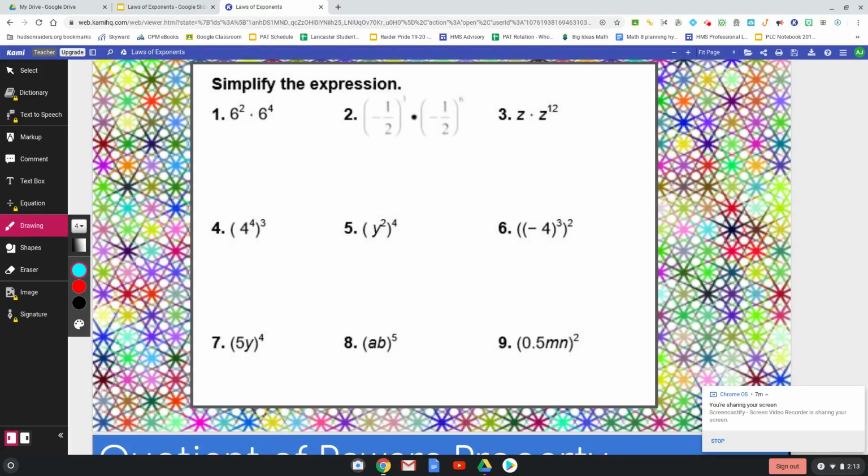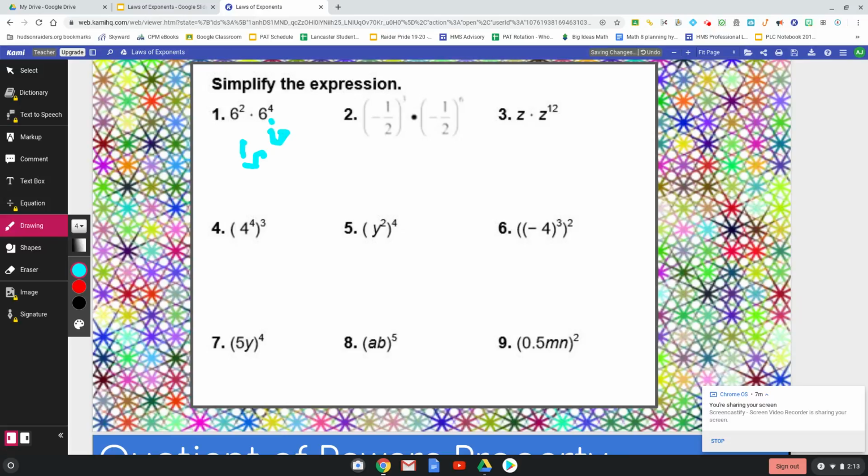So the first 3 examples look like they're practice from the previous rule that I had talked about. So these, because they're the same base, we are going to add the exponents. So number 1 would be 6 to the 6th power.